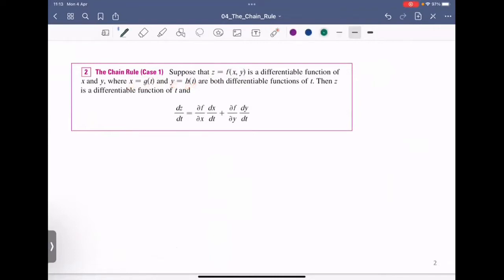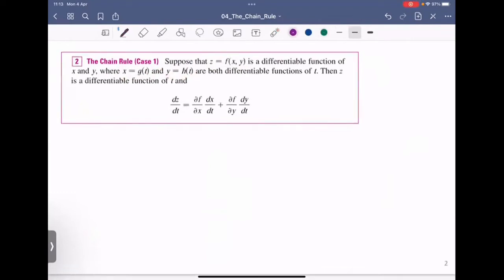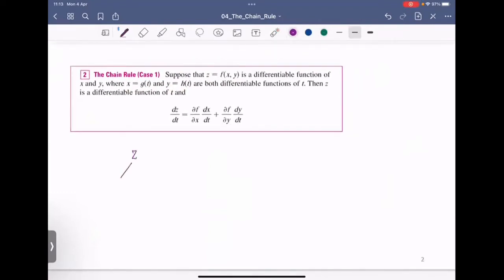If you draw the picture now, you're going to have in your head that c is a function of x and y. The name of the function is f, but this c is a function of x and y. And then x is a function of t, and y is a function of t. So you're going to get a chain like that. And if someone asks you, hey, let's compute dc by dt, what would you do?